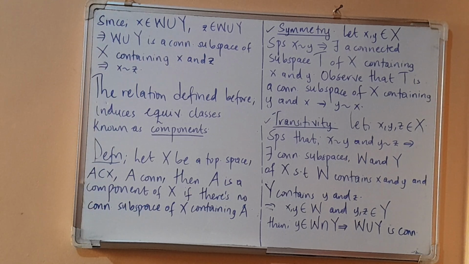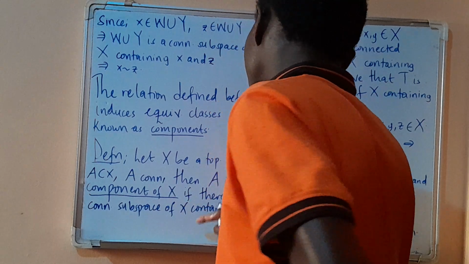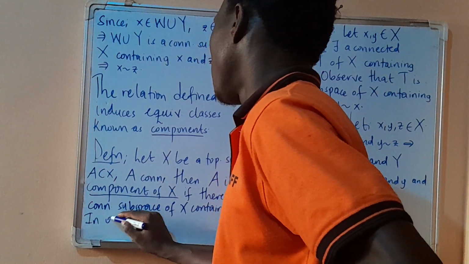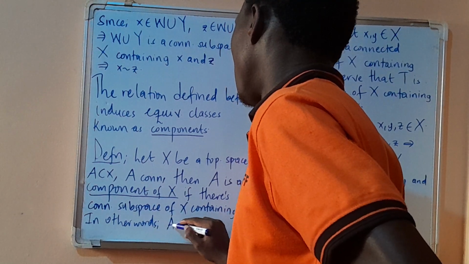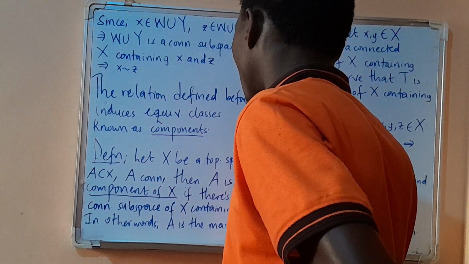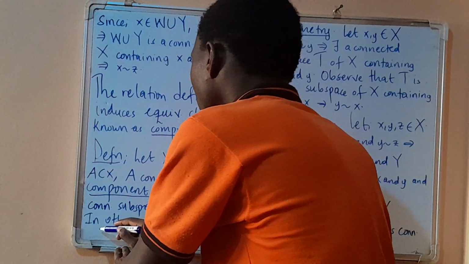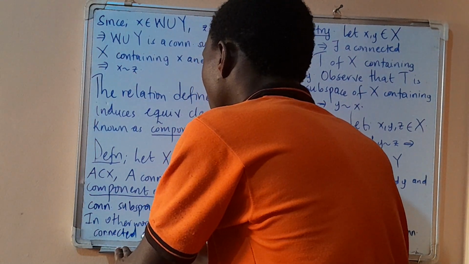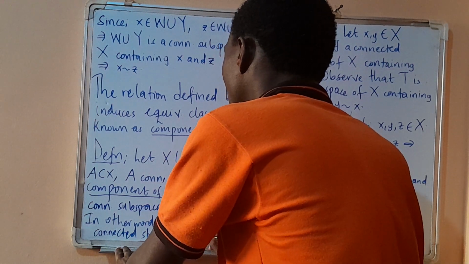Then A is called a component of X if there exists no connected subspace of X containing A. In other words, A is the maximal connected subspace of X. Why is it maximal?